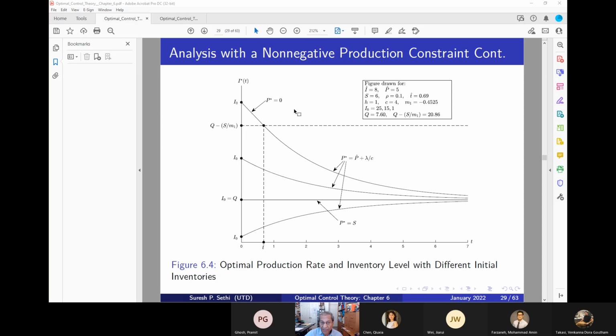The Hamiltonian gives me the first order condition, which will give me P star less than 0. And because of the constraint, I will set it to 0. So the 0 is the maximum along this path. And so we're done. It requires a little bit of intuition from this figure, but we can solve the problem that way.